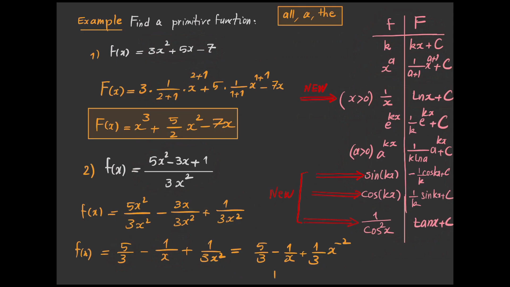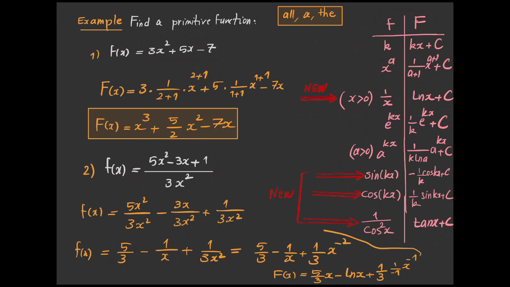Let us just write the answer. It becomes 5 over 3x. Instead of minus 1 over x, a primitive function is ln of x. Here I have to write absolute value, but I am just following the book. And then for the other one, I have 1 third x to the power of minus 1, because I have to add 1 this time, divided by minus 1. Do you agree with me?